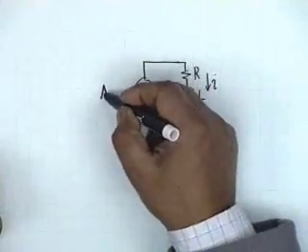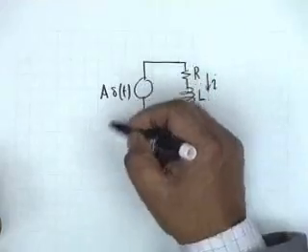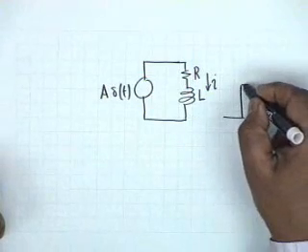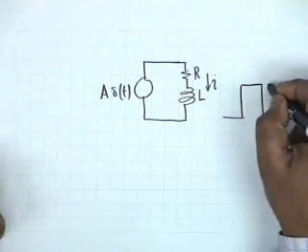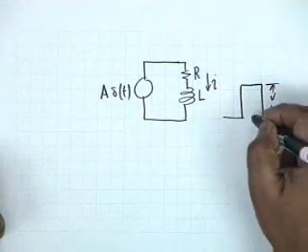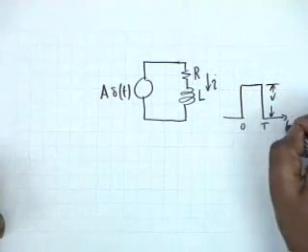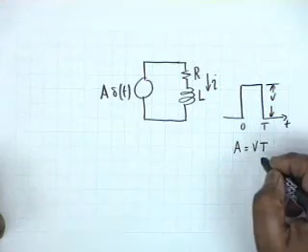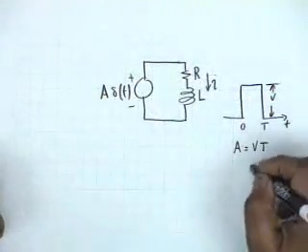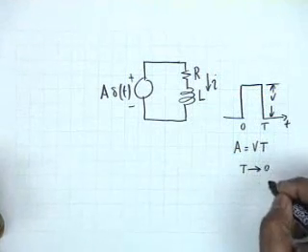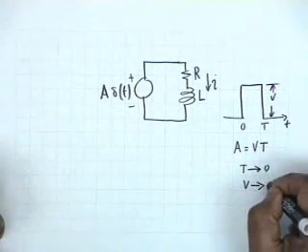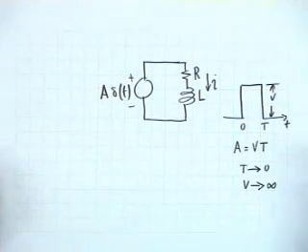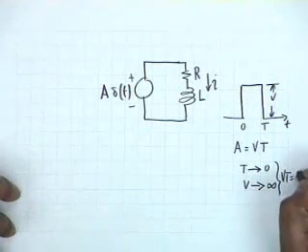Let this impulse be capital A delta t, where capital A delta t is the limit of a pulse of height capital V and duration capital T, so that capital A is equal to VT and the excitation is A delta t when capital T tends to 0 and capital V tends to infinity, in such a manner that VT is always equal to A.